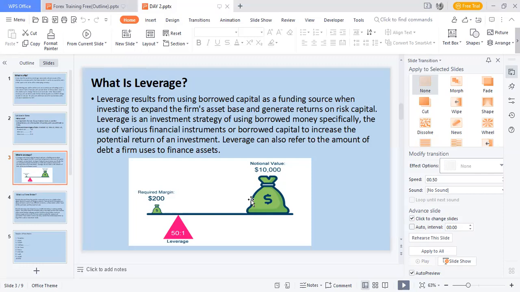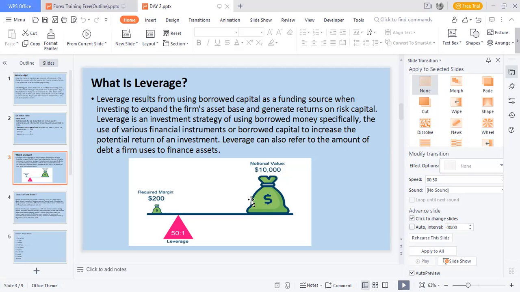It is the use of various financial instruments to borrow capital to increase the potential returns of an investment. Leverage can also refer to the amount of debt a firm uses to finance assets.